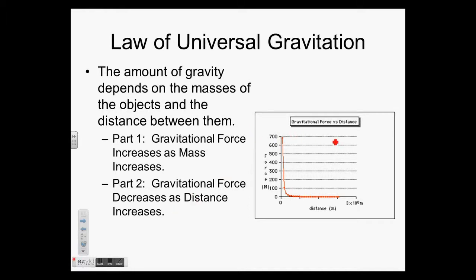And this gravity really weakens with distance very quickly. If you look at this graph over here, you can see that gravity drops off precipitously with distance. And if you think of real life examples, this should make sense too. Think about going to space. You get in a rocket and you blast off into space.